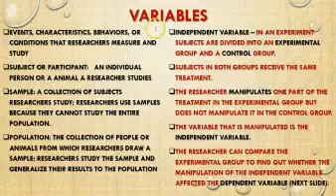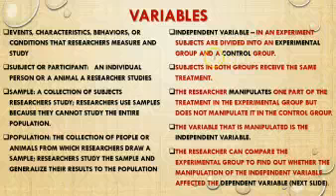And so now we talk about various variables. An independent variable: in an experiment, the subjects are divided into an experimental group and a control group. The subjects in both groups receive the same treatment. The researcher manipulates one part of the treatment in the experimental group but does not manipulate it in the control group.